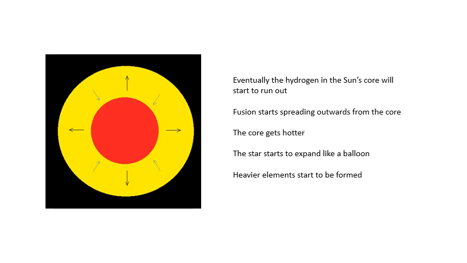But now fusion is spreading outwards and it's burning hydrogen further out from the core. The core gets hotter and hotter. The star starts to expand. It starts to blow up like a balloon. And also you start to get heavier elements formed. Not just helium, but you start to get carbon and nitrogen and some of the smaller elements forming as well, fusing together.